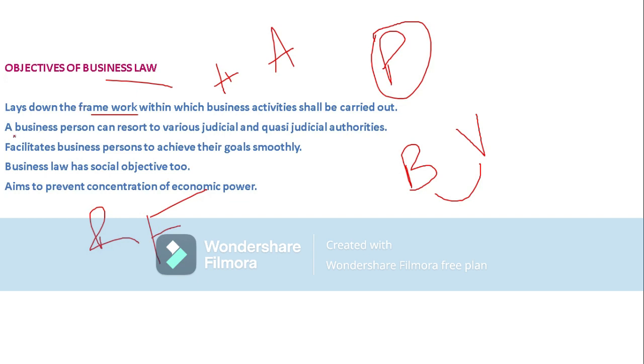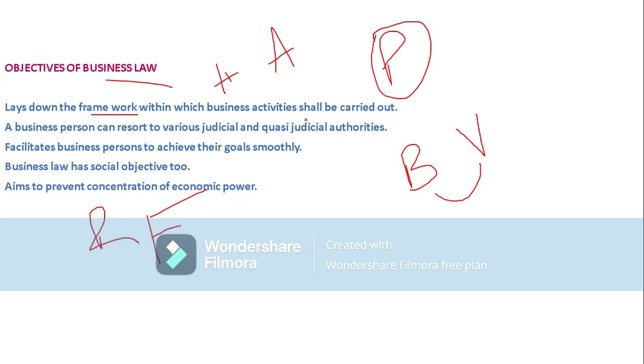And coming to another objective, a business person can resort to various judicial and quasi judicial authorities. It means that a business person can go against the government in case his legal rights have been violated.